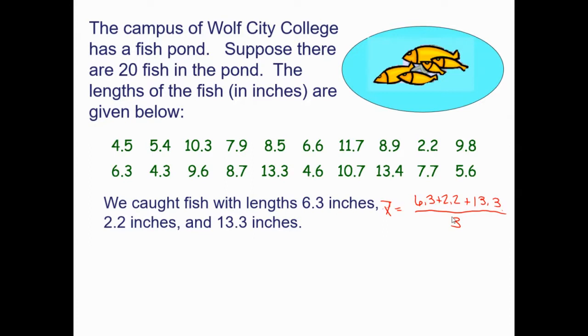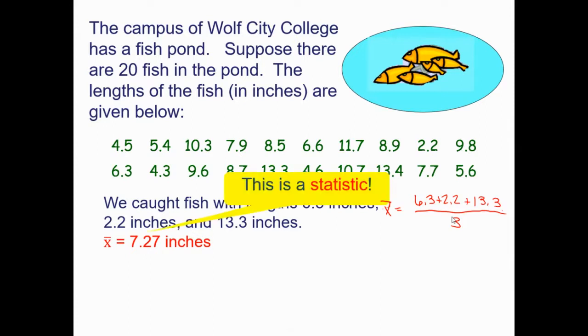If I did that, what would I get for my mean? Let's do 2 decimal places. 7.27, good. That is an example of a statistic. That's not the mean of the whole population. That's just of that sample.